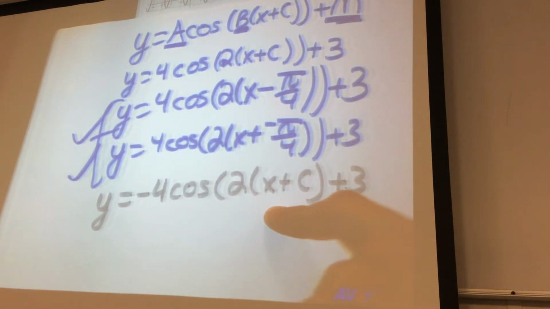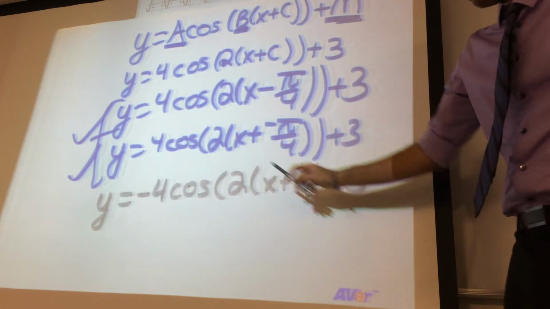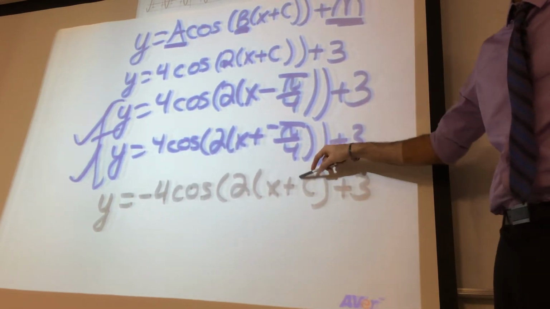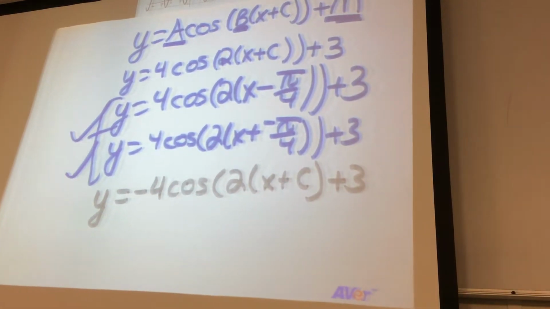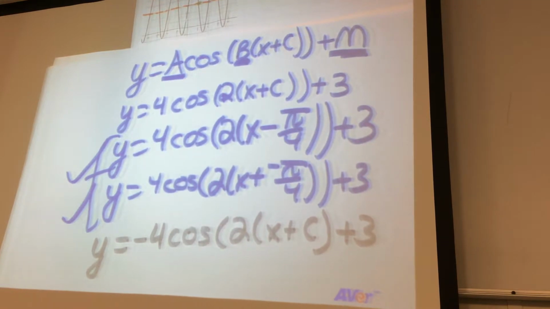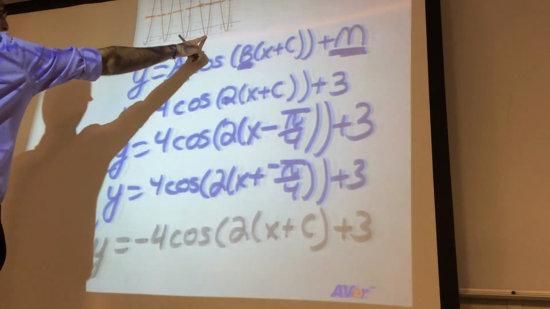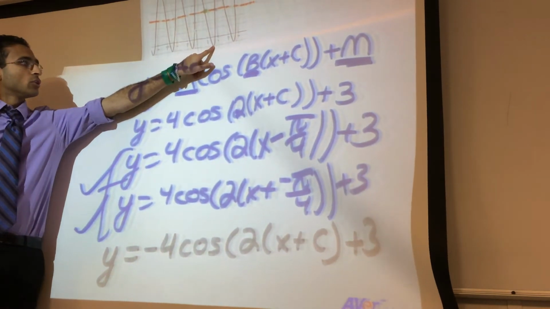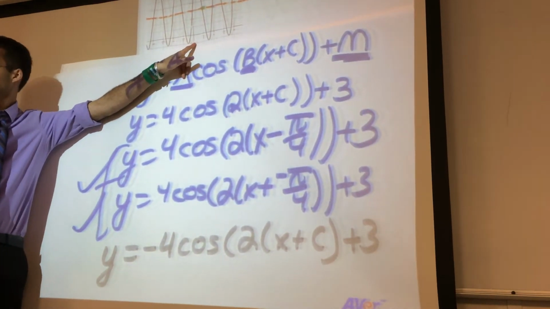Okay, so here we have this much stays the same. And I just need to find out what is the shift. Well, negative cosine starts at the minimum. So this point should have been here.